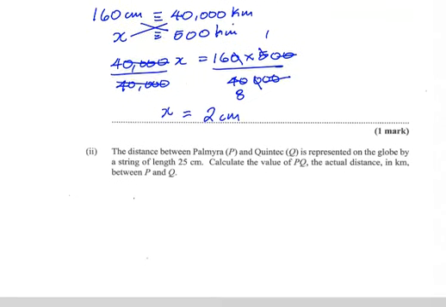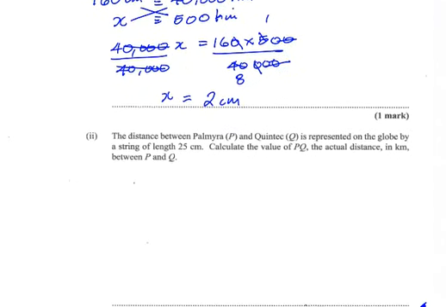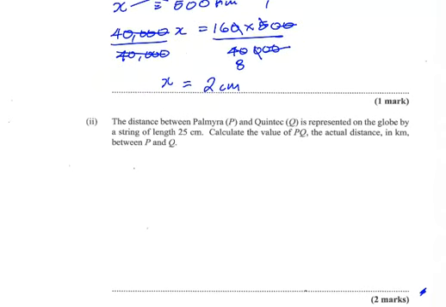All right, let's look at the second and final part of this question. It says the distance between Palmyra P and Quintec Q is represented on the globe by a string length of 25 centimeters.